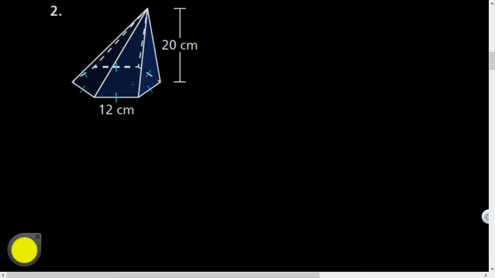It's labeled as an equilateral hexagon, but it could be like a rupee from Zelda shape. But I'm going to assume that it's also equiangular, and we'll call that regular. So let's find the area of that base.